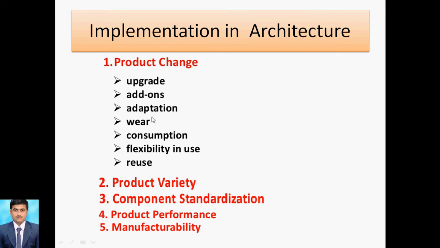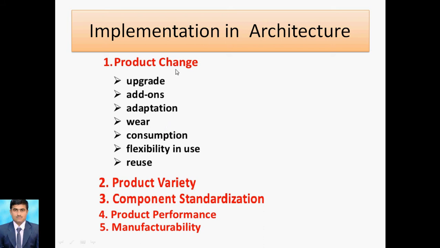If you launch a product into the market, then we can take feedback, also from the competitors, and then we can take an adaptation method and implement it in the architecture. This is for improving the component, or product wear. If there is a higher wear factor, then we can add different materials or replace the different techniques.